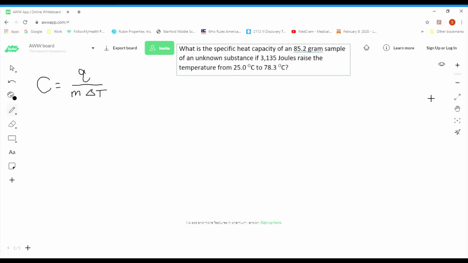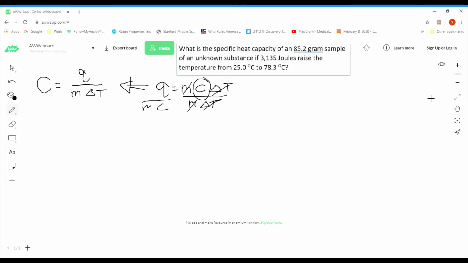This comes from the equation Q equals M times C times delta T. Let's just solve for C. On both sides you divide by M and delta T. They cancel on the right, and you end up with them not canceling on the left. That's how you end up with this equation.